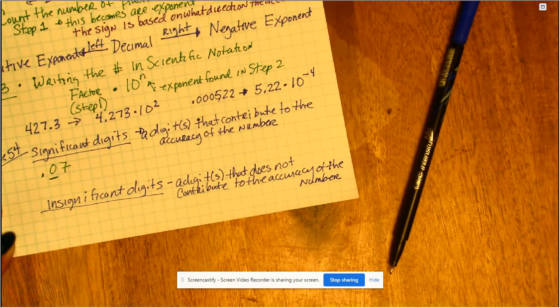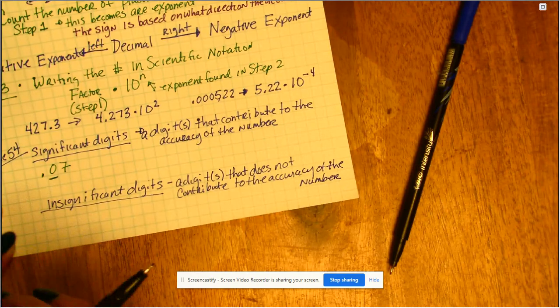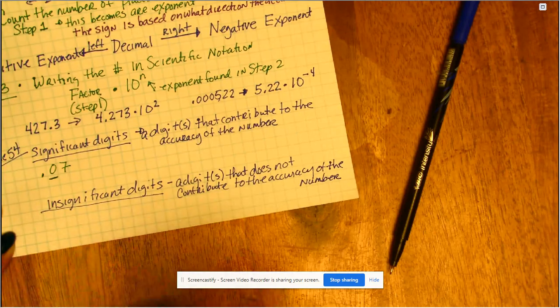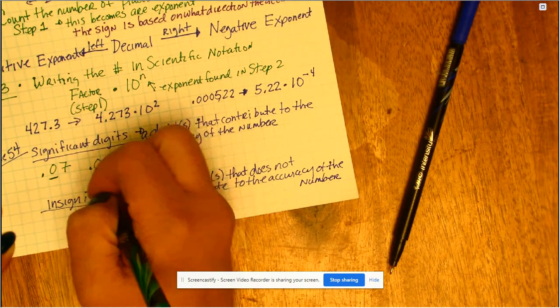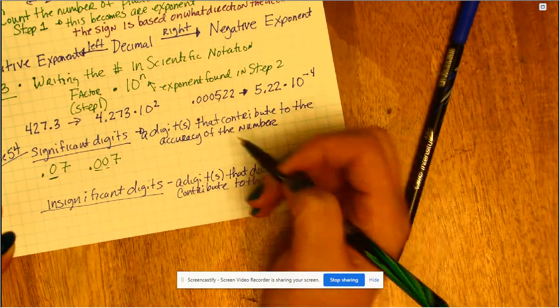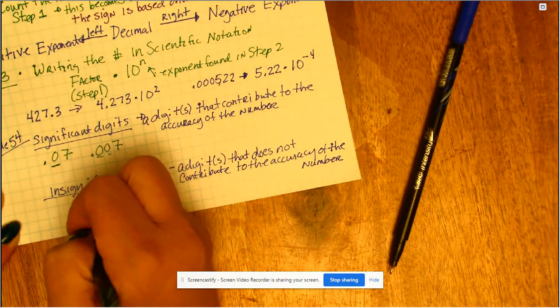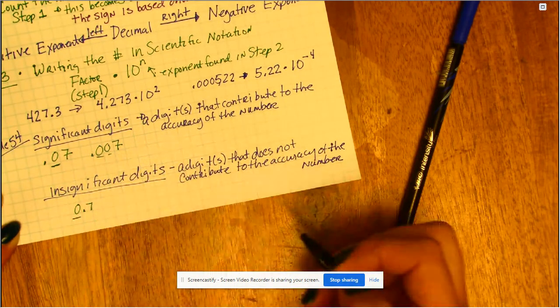And significant zeros are between two digits that aren't zero, or between or to the right of the decimal but also have a significant digit afterwards. So 0.007, these zeros are significant. A zero that wouldn't be significant would be 0.7. This, not significant.